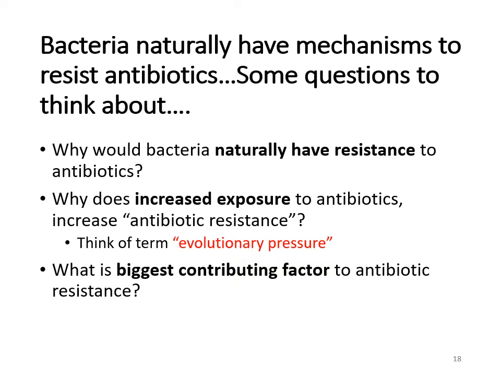Because like I said, you're killing off all the normal flora, which means you're leaving space and resources and nutrients for the resistant problematic pathogens to replicate and replicate and replicate and to really flourish.